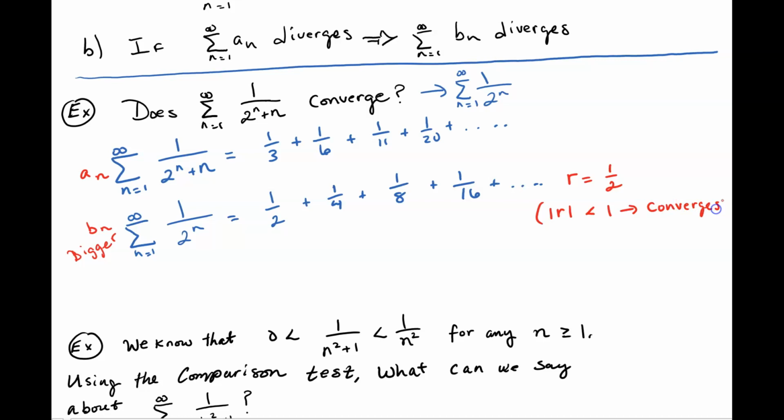So if the bigger of the two here converges, then the smaller of the two must also converge. So this is our conclusion. I'm just going to make a general statement that the sum from 1 to infinity of 1 over 2 to the nth plus n converges.